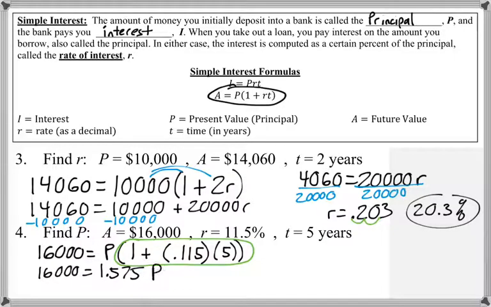So 16,000 is equal to 1.575 times P. So because that is the coefficient, we can now divide by 1.575 on both sides.